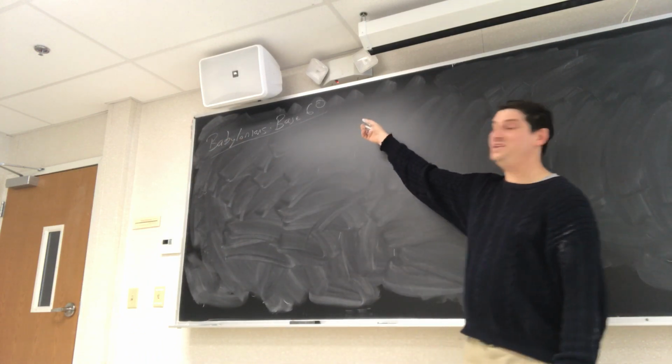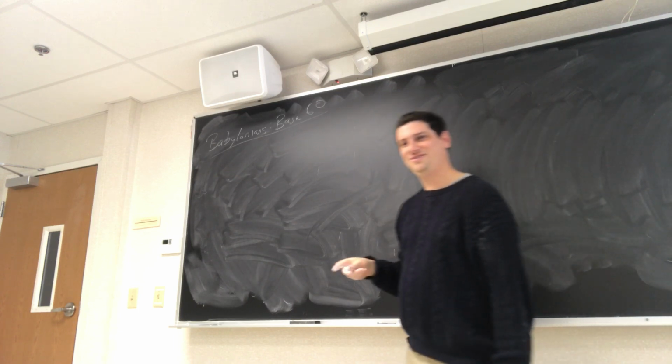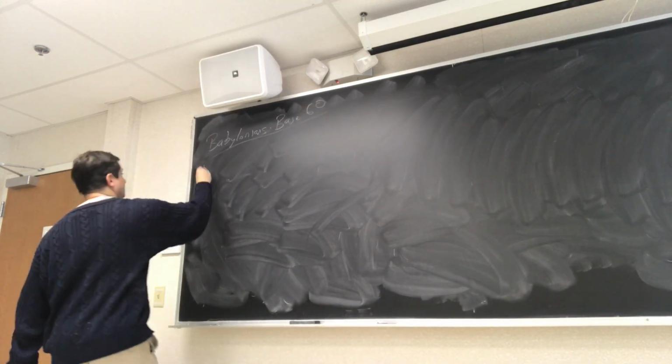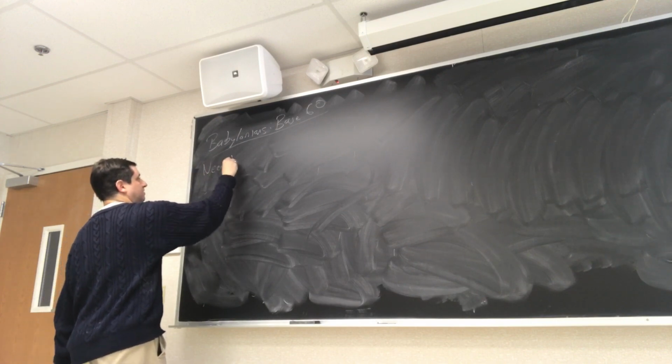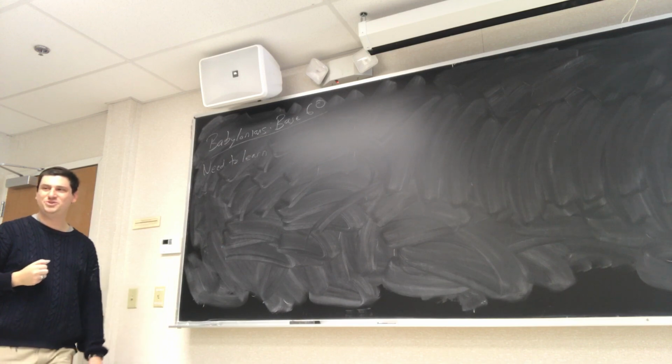Now for the Babylonians, base 60, how many multiplications do they have to know? If you were a young Babylonian learning math, how many multiplications would you need to know?